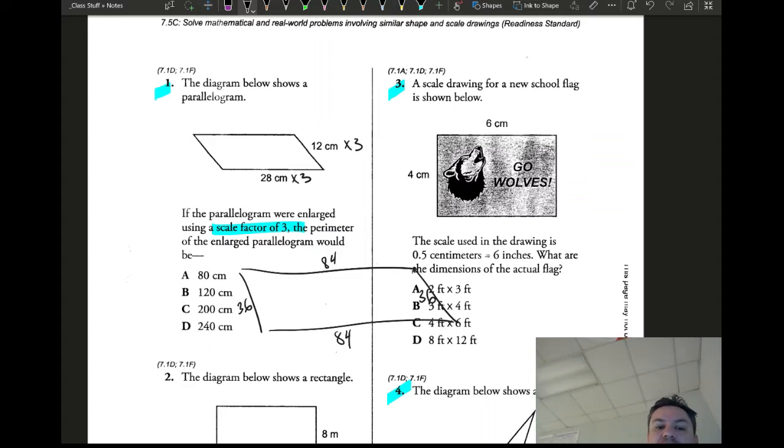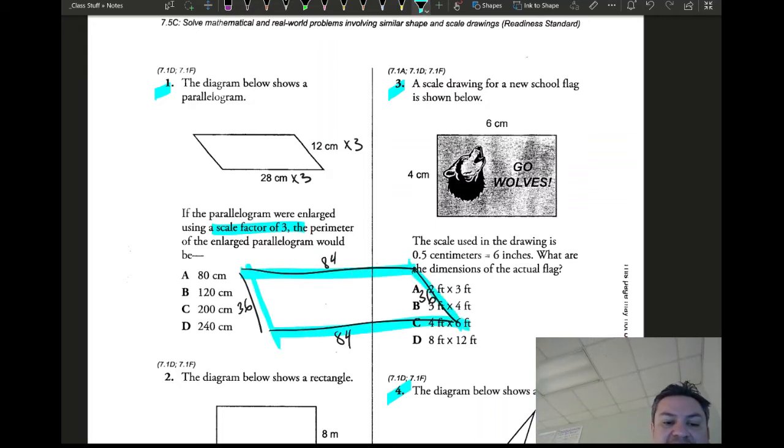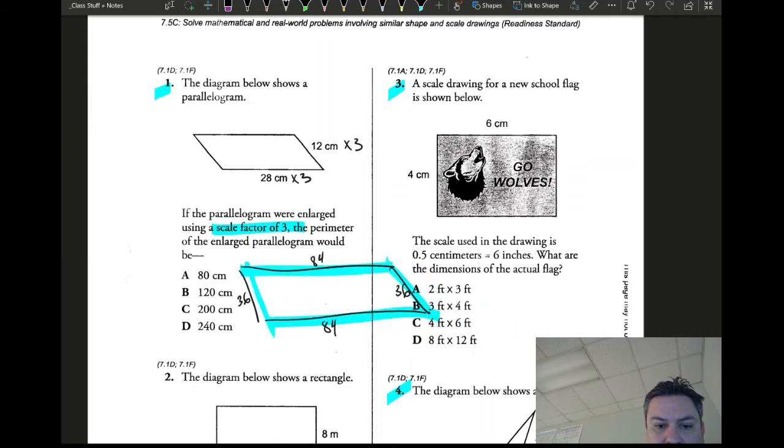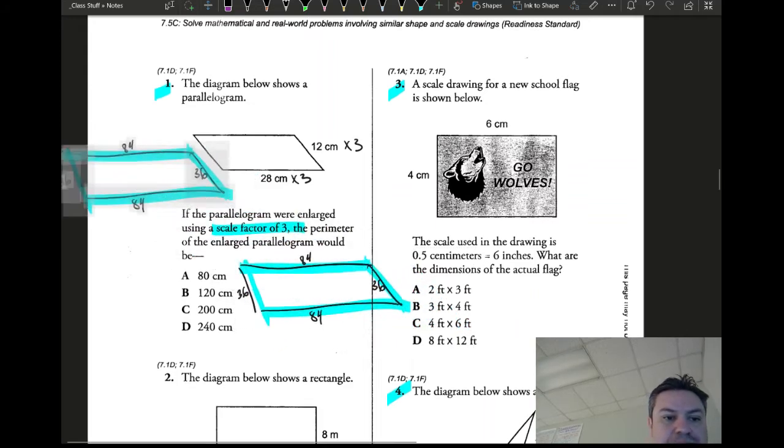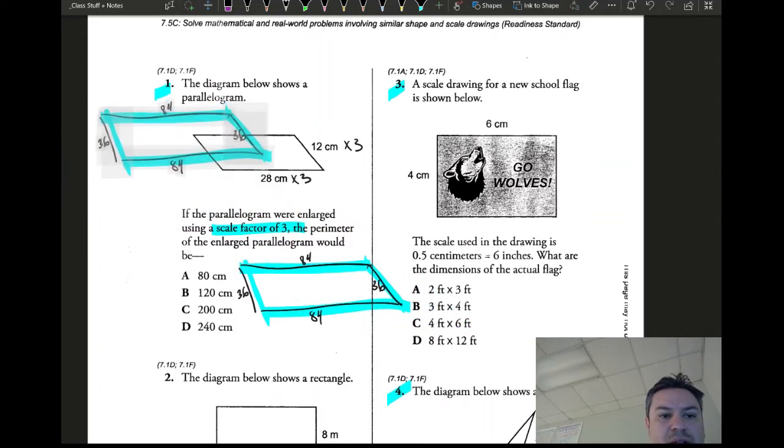Why did I mark it in both of them? Because I need to find the perimeter, and to find the perimeter, all I gotta do is add all the sides. If I add all the sides, I get my perimeter. So let me move this a little bit, hold on. So that's my new one.